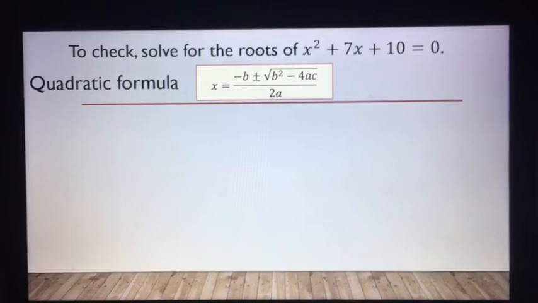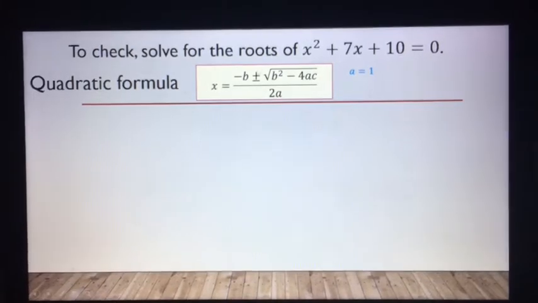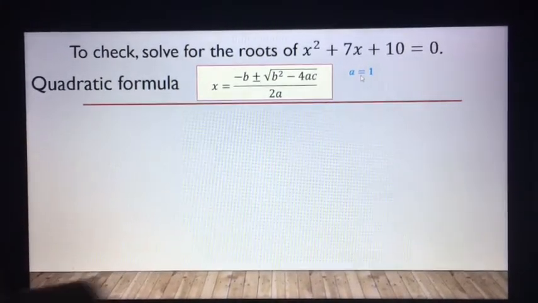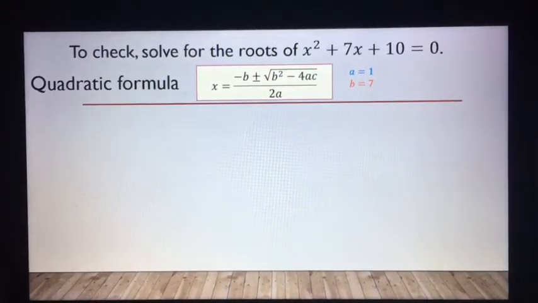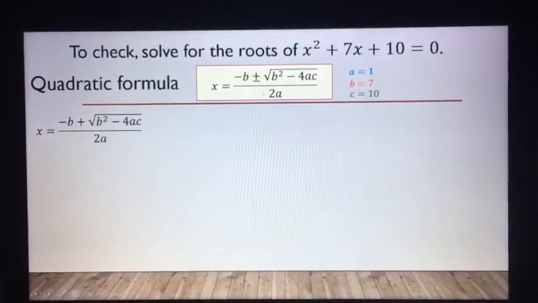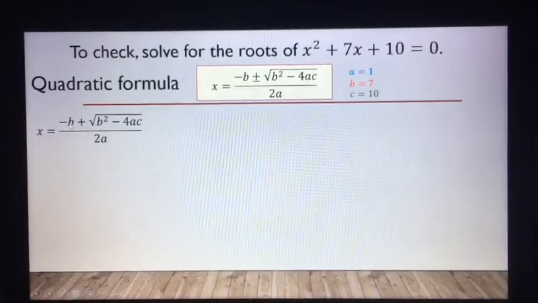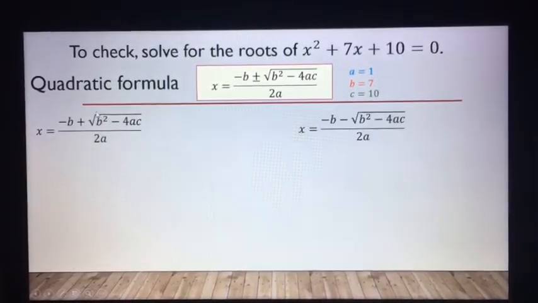So, find the values of a, b, and c. A here is 1. Ito yun siya. B is 7 and C is 10. So, substitute natin sa quadratic formula. So, dalawa po yung isosolve natin. Yung plus at yung isa is minus.